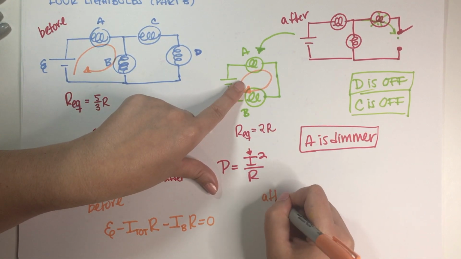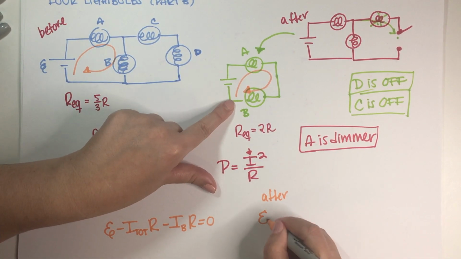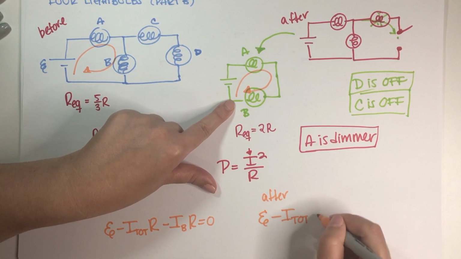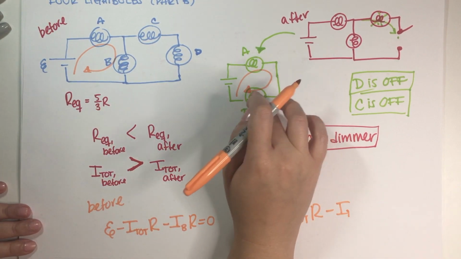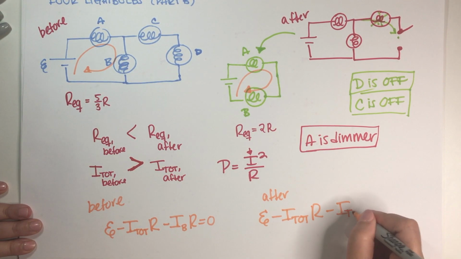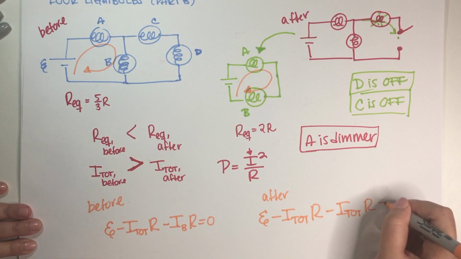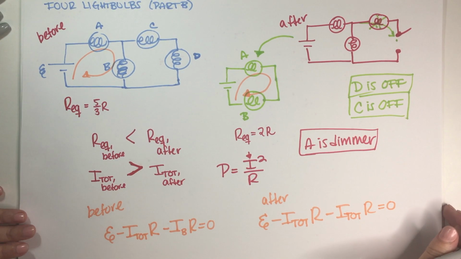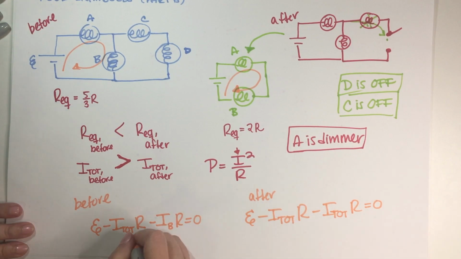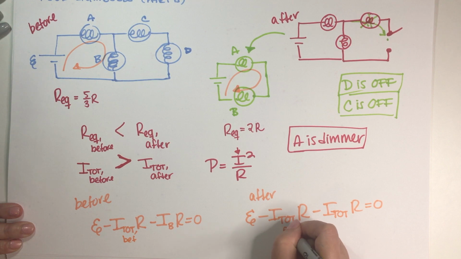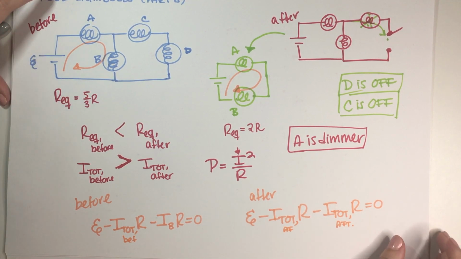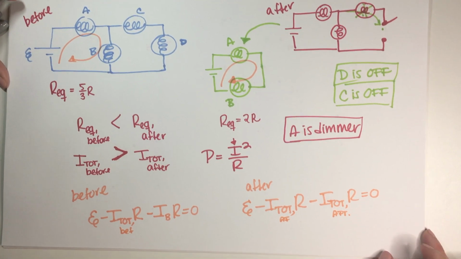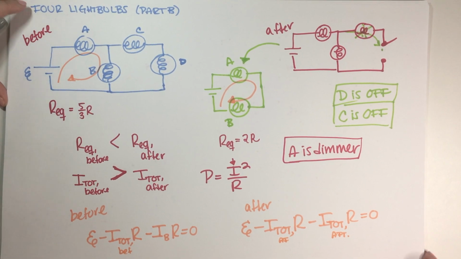And then after, we basically have the same thing. Oh, but now this is actually the total current. So this is also I total R, and this is equal to 0, like this. Now, obviously, this is total before, and these two are after, like this. Which I think that you can clearly see where this is going.